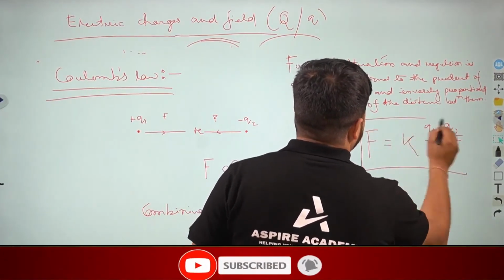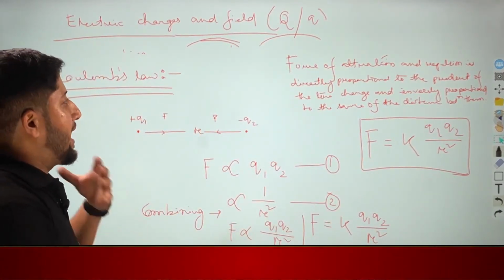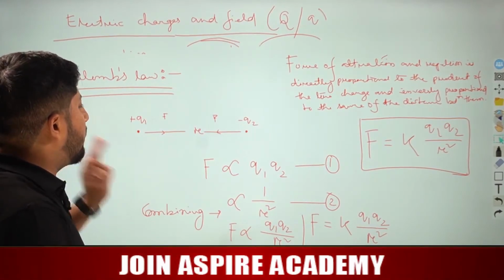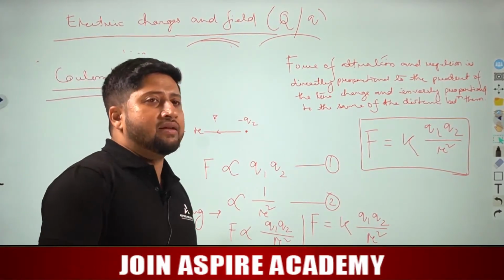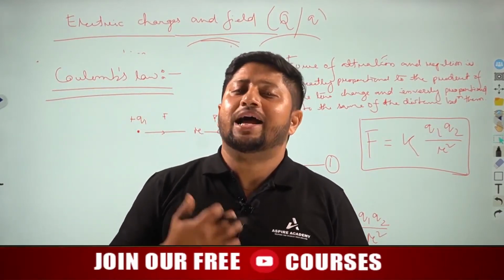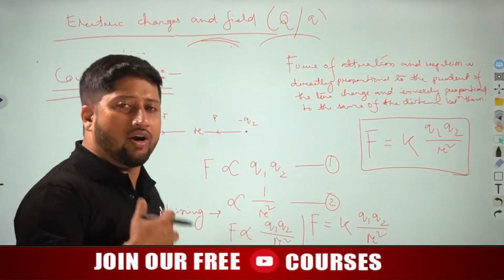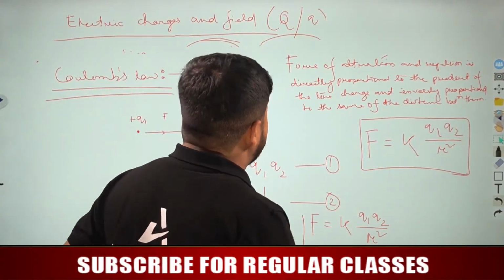So this is all about Coulomb's law. The statement is that the force of attraction and repulsion is directly proportional to the product of the two charges and inversely proportional to the square of the distance between them. This is called Coulomb's law.